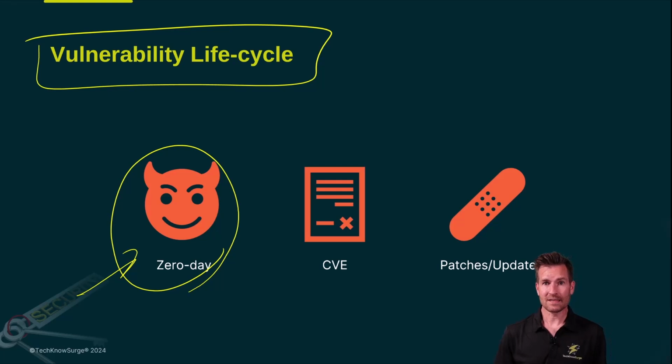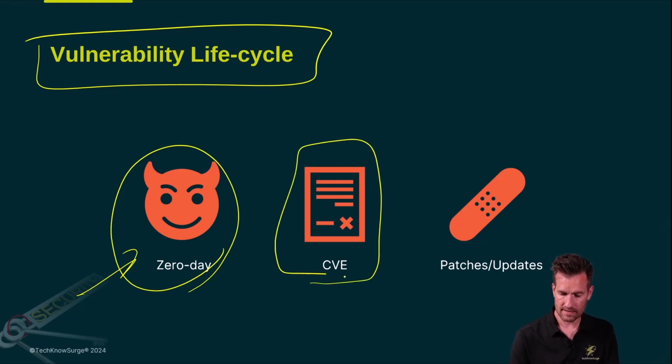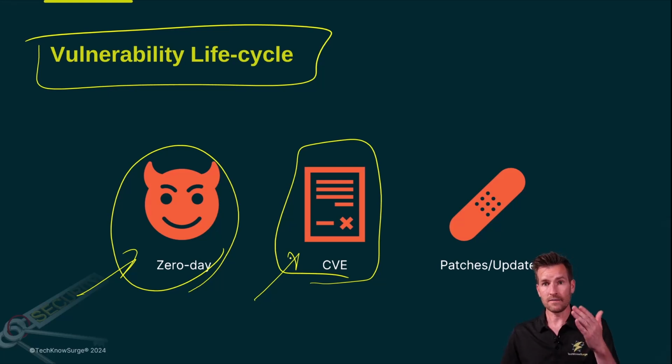Now, what happens is at some point in time, that vulnerability gets discovered. And it's going to go on the Common Vulnerabilities and Exposures list, the CVE. We'll take a look at that in a little bit. The CVE is a big database of all of these vulnerabilities that show all of what's wrong out there.